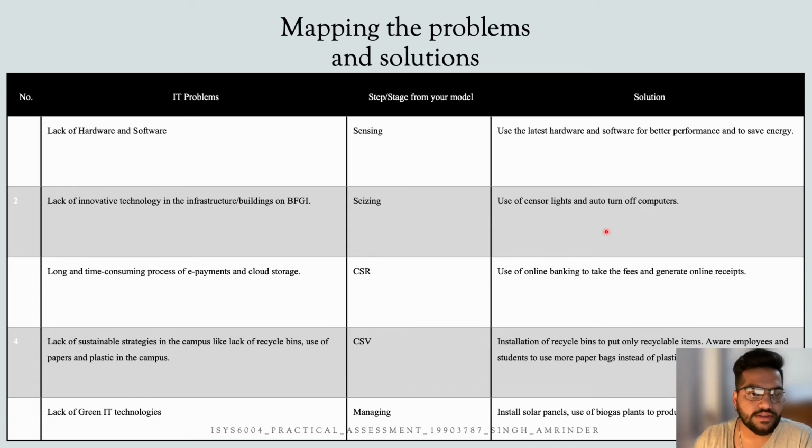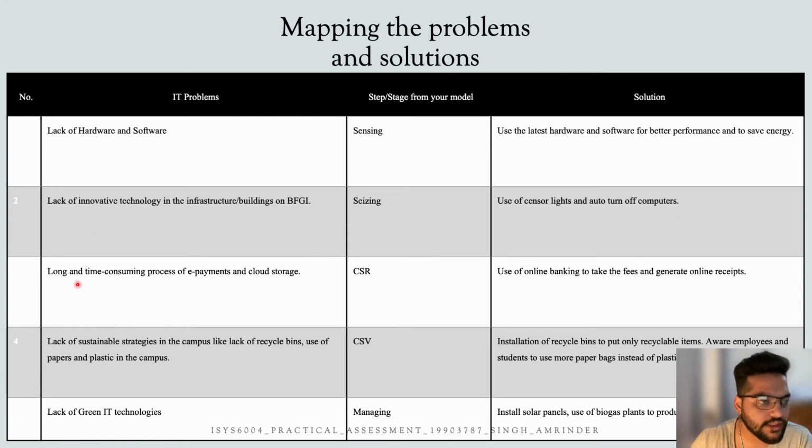To solve this problem, the institute should choose sensor lights that will turn off if there is no activity in that particular room, and there should be auto turn off computers installed in the institute, so that if no one is using them, they will turn off automatically after 15 or 20 minutes.